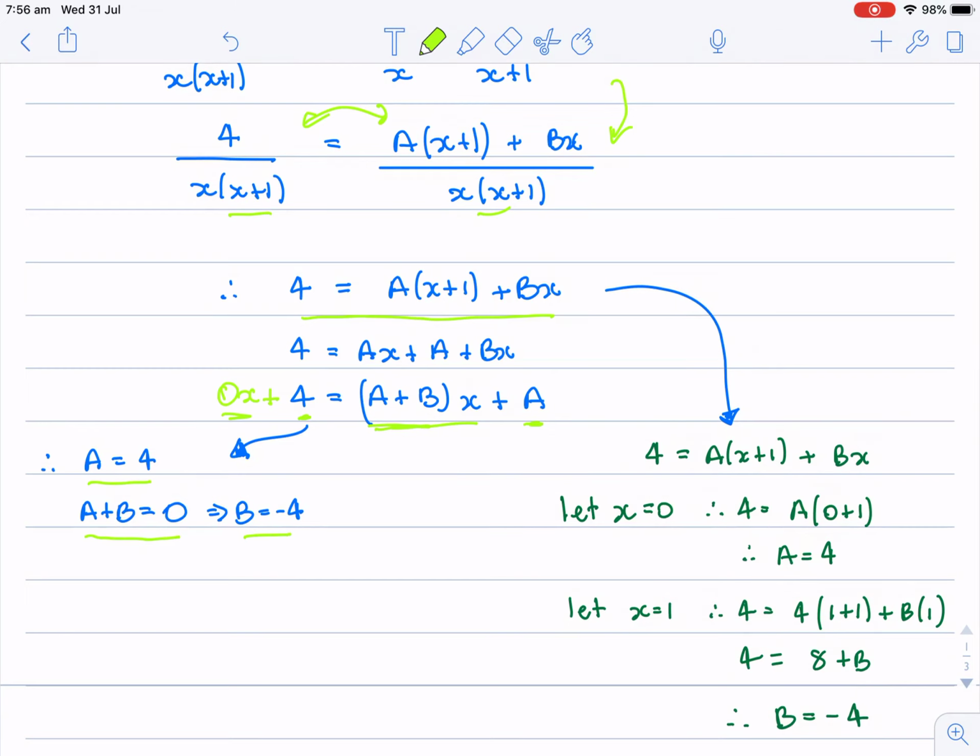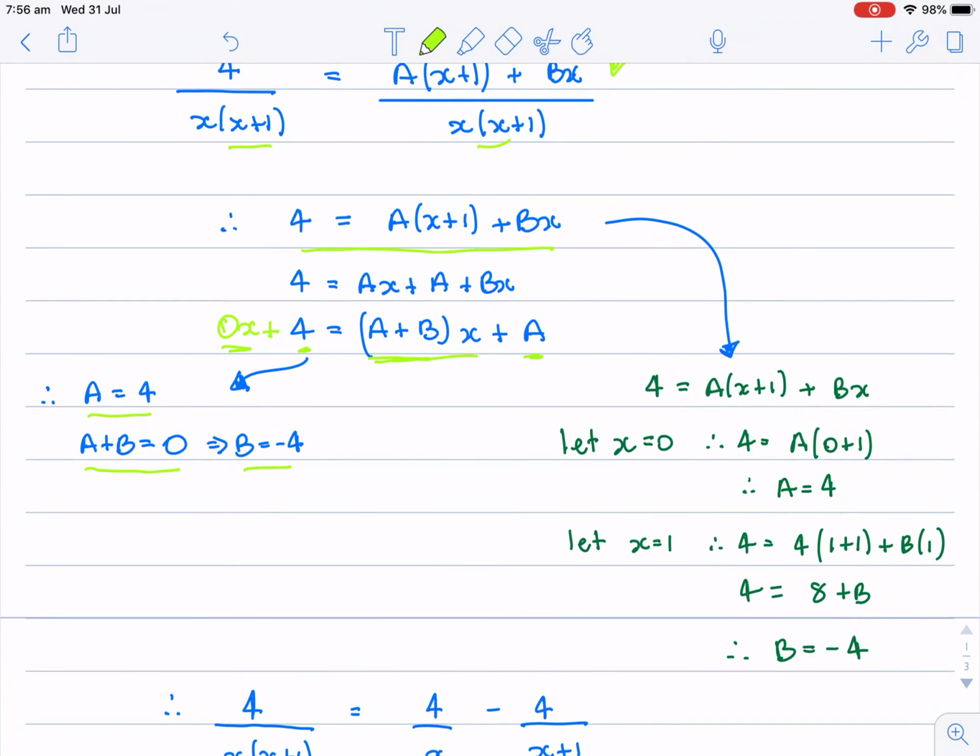Another way to do it, and you can use either way, is to again have our line here, 4 is equal to a(x plus 1) plus bx, and just start substituting values in for x. You can throw any value you want. I start with 0 because that cancels that term out.